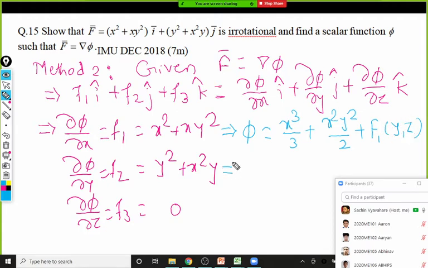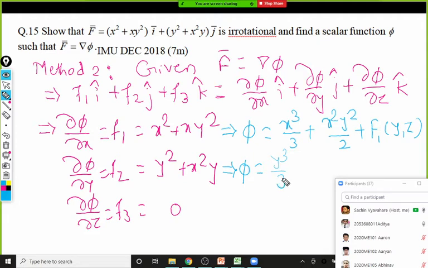Next, yes, tell me the second now in the same way. Integrate the second with respect to y. Yes, what should be the answer? Y cube by 3. Not y square by 2, y cube by 3, na? You are integrating with respect to y.